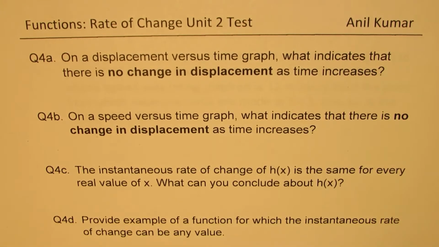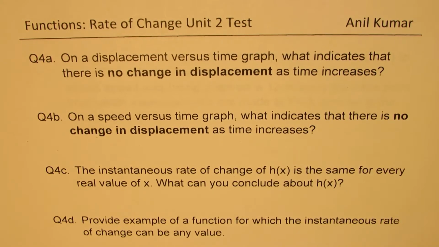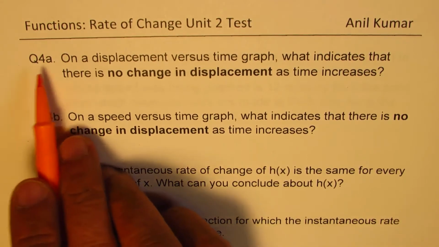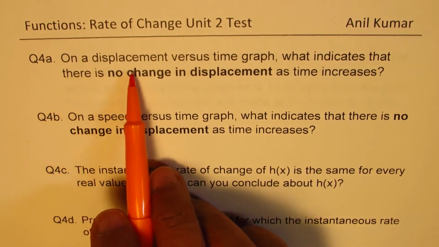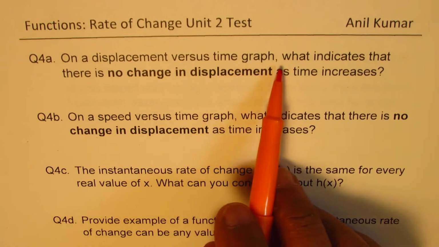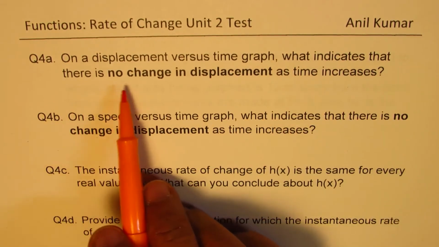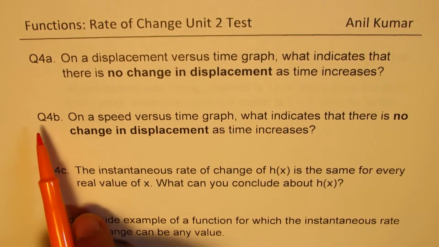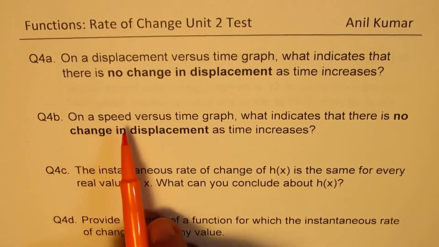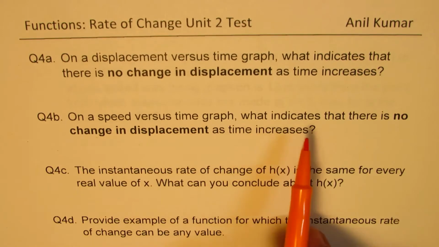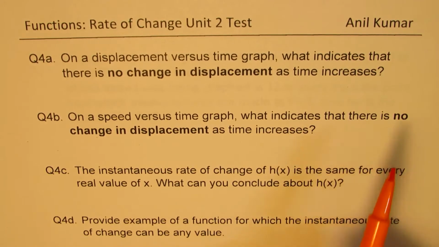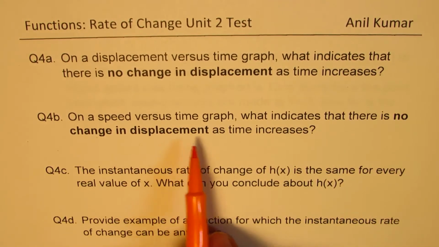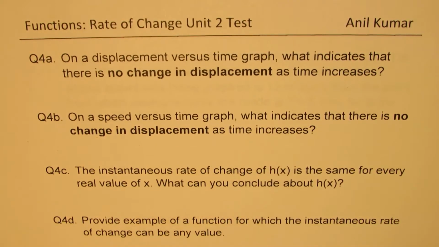Question number 4 is kind of a concept-based question. It's also a communication question. Let's try to understand the concept. Question 4a. On a displacement versus time graph, what indicates that there is no change in displacement as the time increases? Question 4b. On a speed versus time graph, what indicates that there is no change in displacement as time increases?